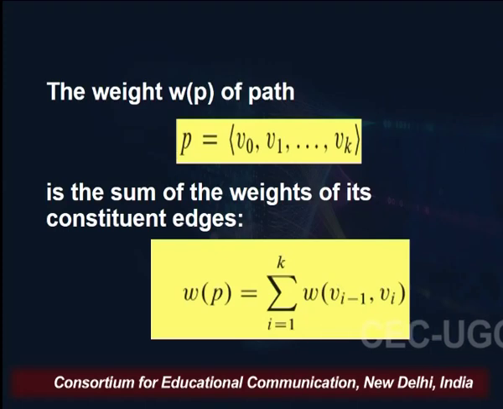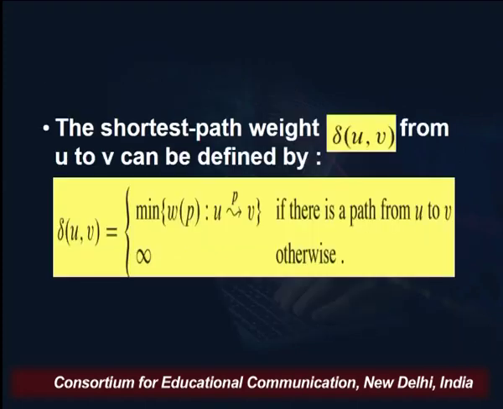We are looking for the minimum value of W of P, because the problem is of the shortest path. The shortest path weight from U to V is denoted by delta(U, V).